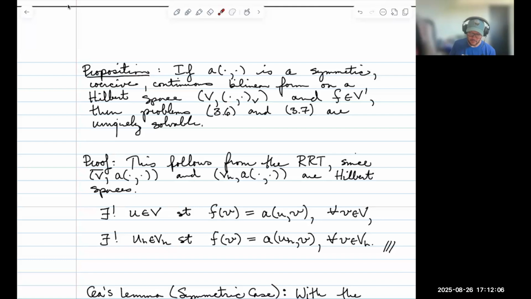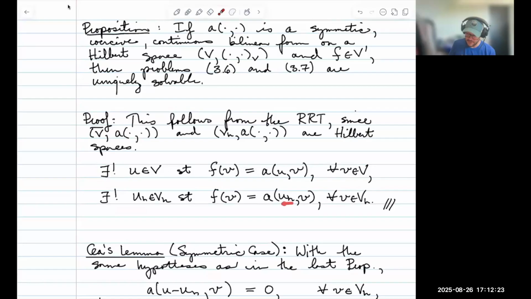And likewise, there exists a unique UH in VH such that F of V is equal to A(UH, V) for all V in VH. So this becomes the representer of F in this inner product. The Riesz representation quickly gives me the existence and uniqueness that I need.